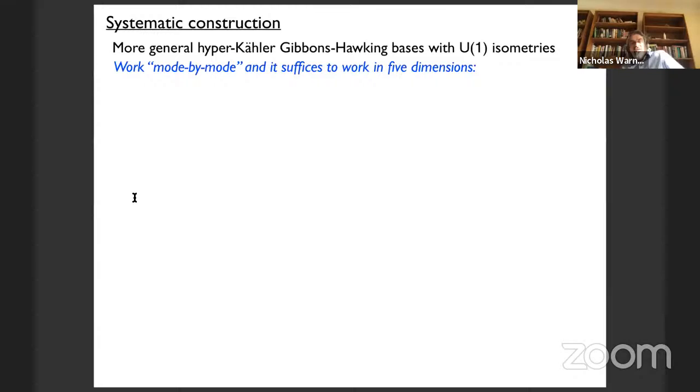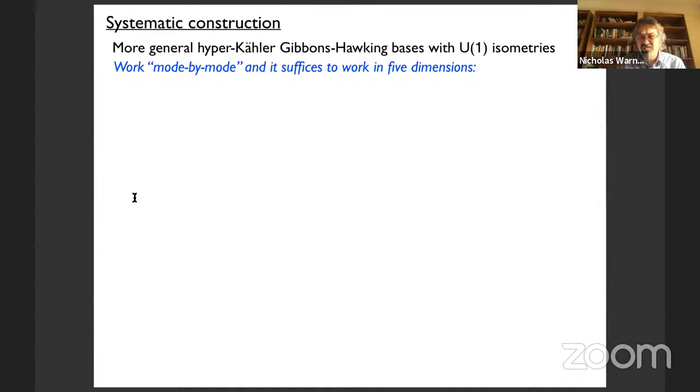There's a more systematic construction that Sasha Turkov, Robert and I evolved, which is not fully formulated. It's fully formulated, but to implement it is more effort. And I just want to explain what it means. So the most simple thing you can imagine doing is look at a more general hyperkähler Gibbons-Hawking base. But to keep it simple, I'm going to assume it has a U1 cross U1 isometry, so it's axisymmetric.